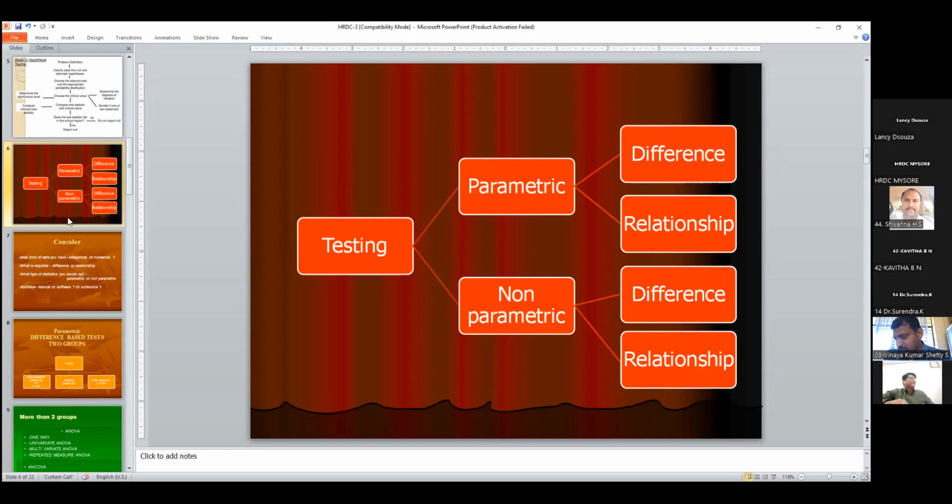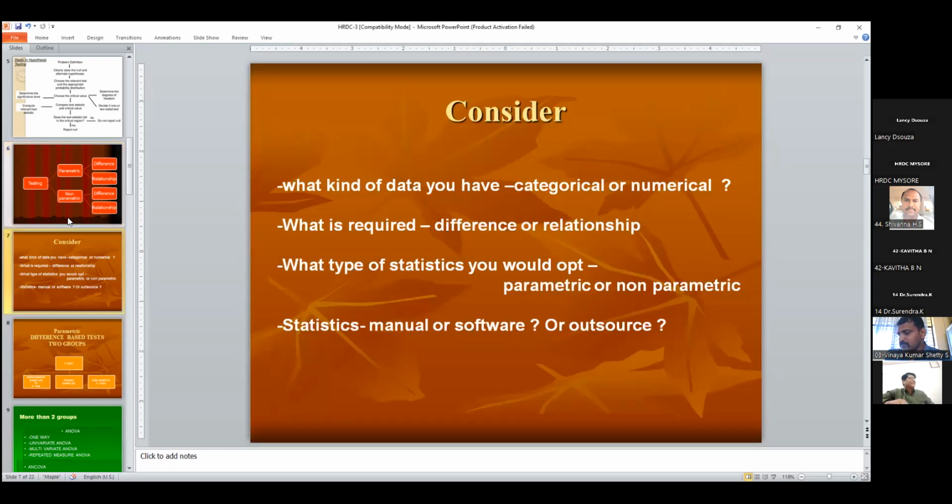But before that, you have to consider a few important things. For example, what kind of data do you have? Is it categorical data or numerical data? Once you say categorical data, automatically it will switch over to the non-parametric side.